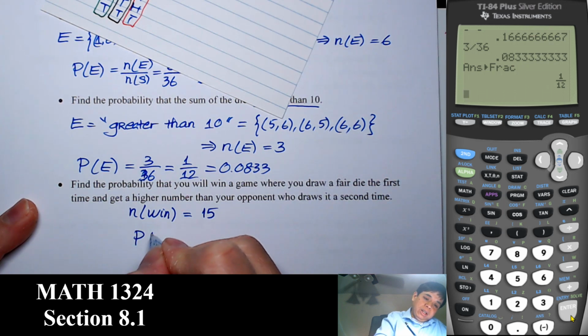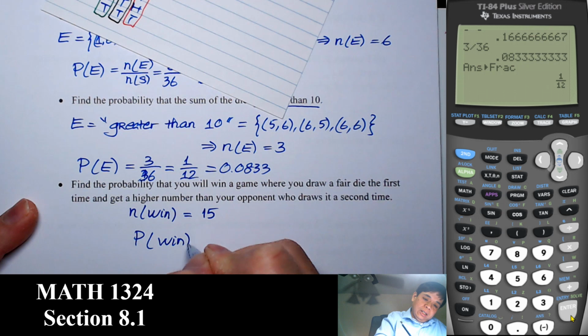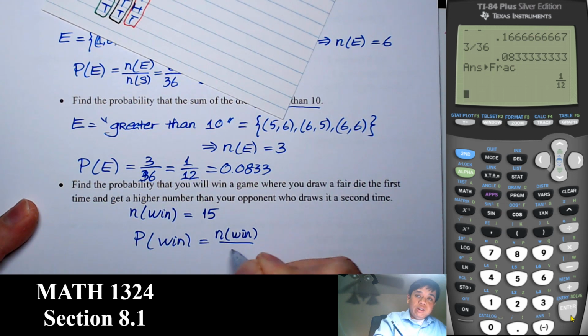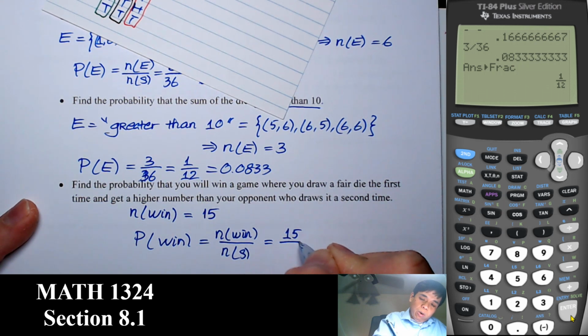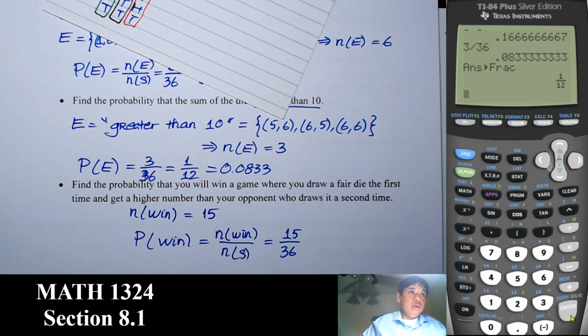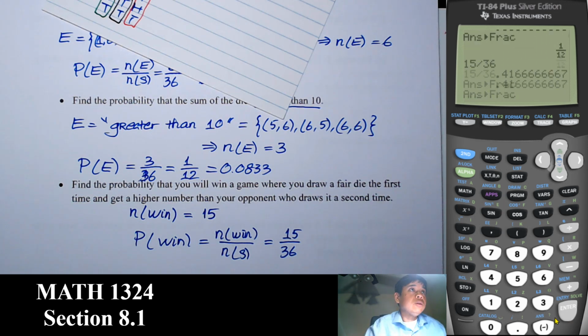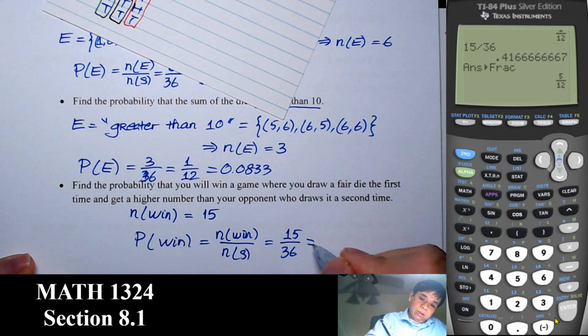And so the probability of winning is how many we have over the total of the sample space. We have 15 over 36, which reduces and converts to the fraction 5 over 12.